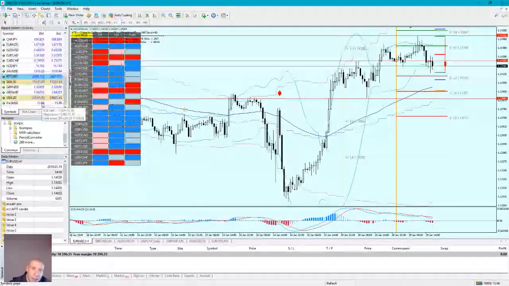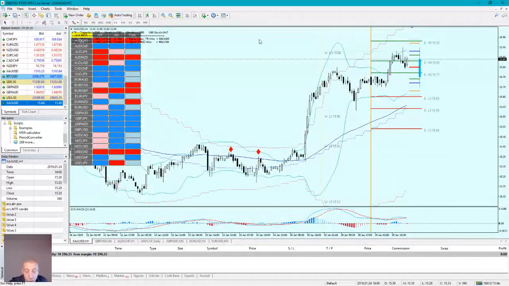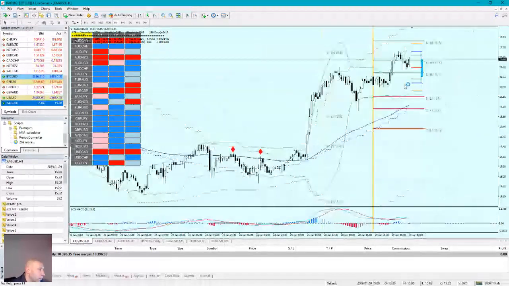JP Morgan, this is my opinion only, guys, but you can treat it as information. JP Morgan has cornered the market on physical silver, and the amount of money being printed in the West is ridiculous. So silver is finally getting its bull run. As you can see, this is a big bullish run on the silver.